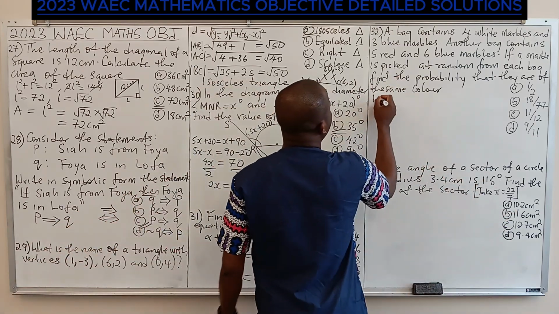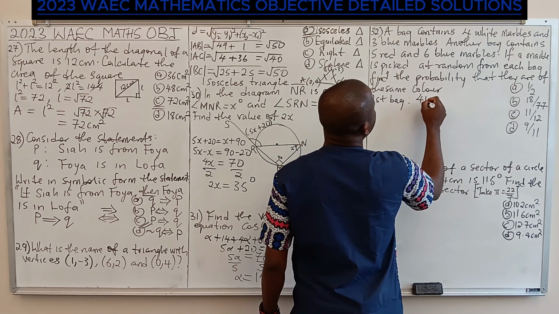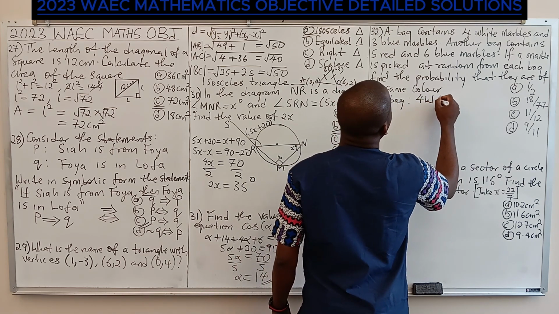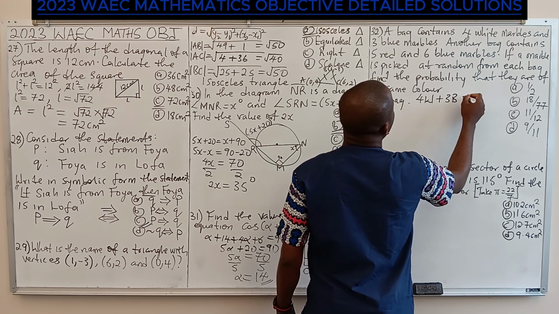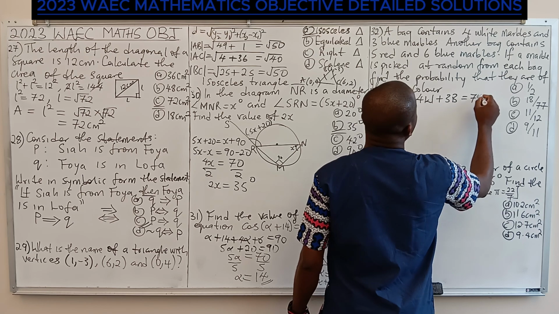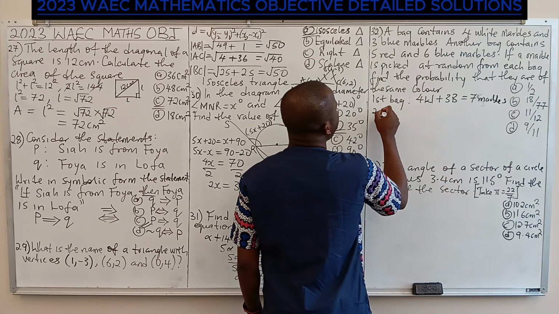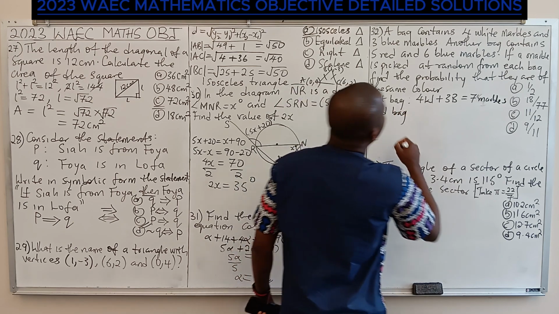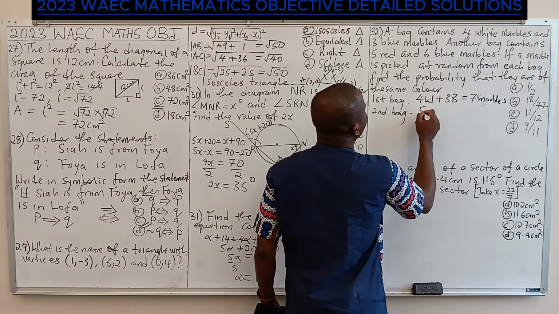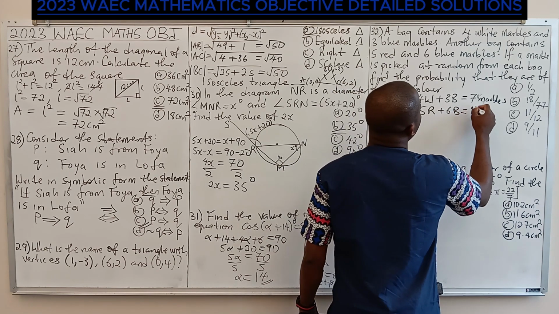From the first bag, we have 4 white plus 3 blue, which is 7 marbles. From the second bag, we have 5 red plus 6 blue, which is 11 marbles.